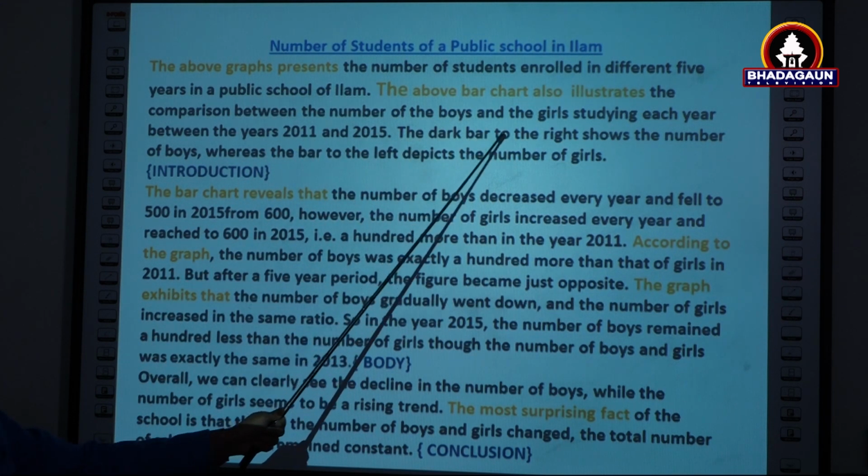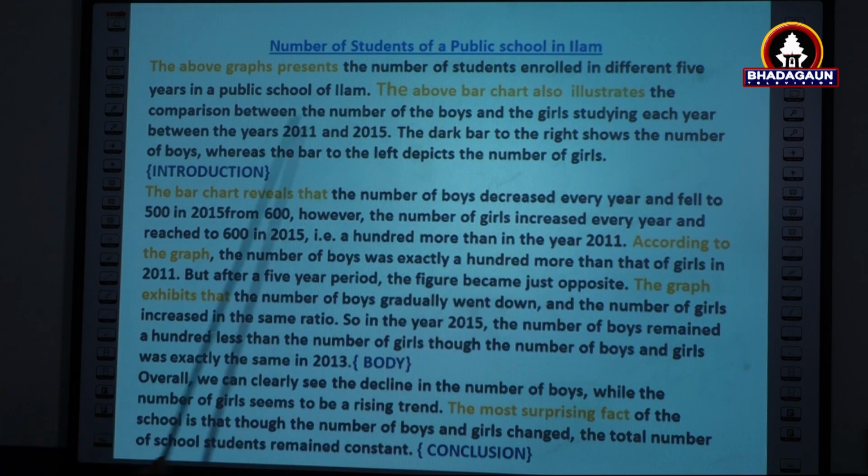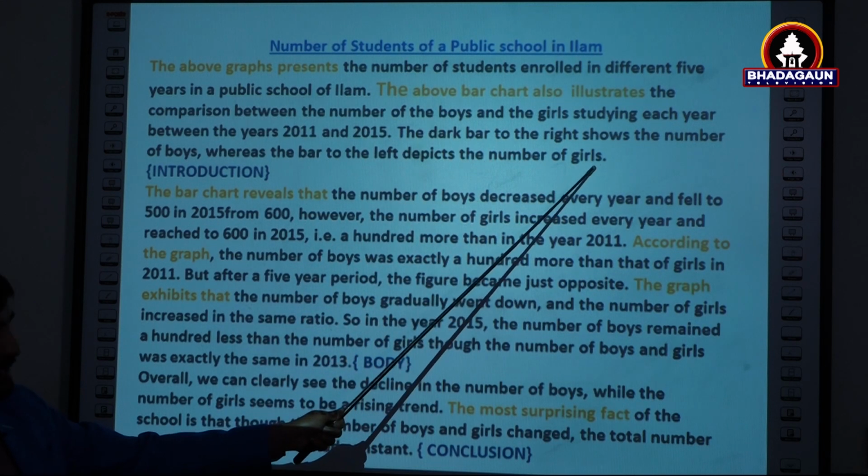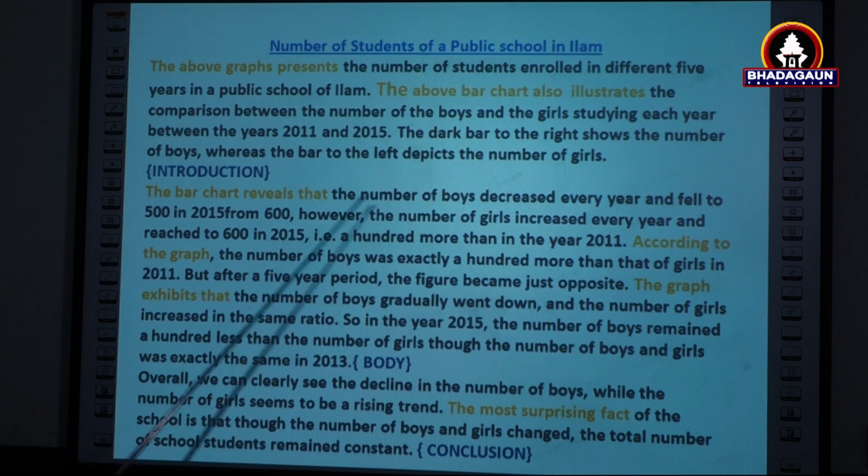The dark bar to the right shows the number of boys, whereas the bar to the left depicts the number of girls. This is about the index, or you say legend. This is the introductory paragraph. This is the whole body paragraph. This is right, body paragraph. The last one is the concluding paragraph.